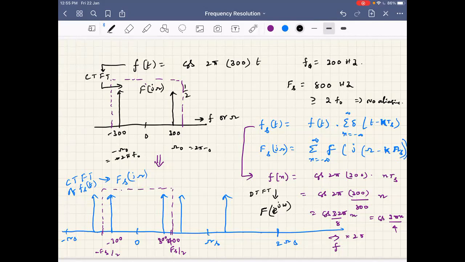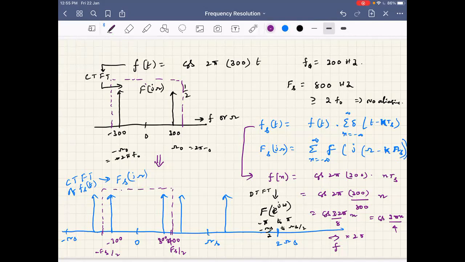There is no explicit frequency like sampling period and sampling frequency indicated in F of e power j omega, because its principal range is only from minus pi to pi. It repeats from minus pi to pi, whereas Fs of j omega repeats between minus omega s by 2 to omega s by 2. So there is a mapping happening between these two things.